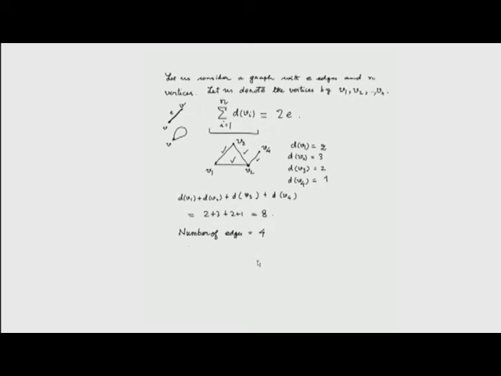So, the sum of degrees, sigma i equal to 1 to 4 d(Vi), is equal to 2 times the number of edges. That is 2 times 4 equal to 8.